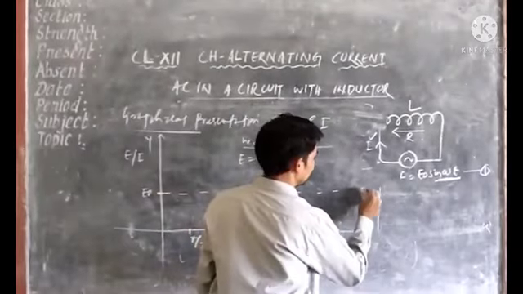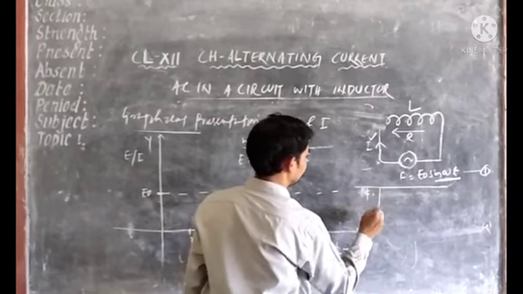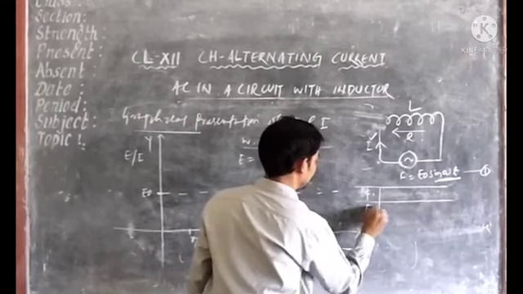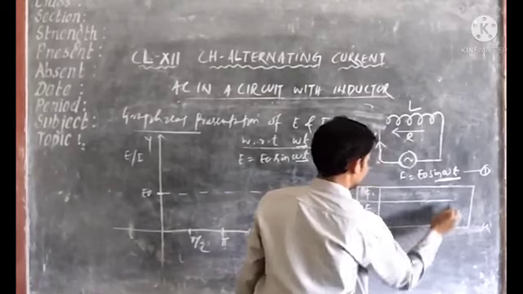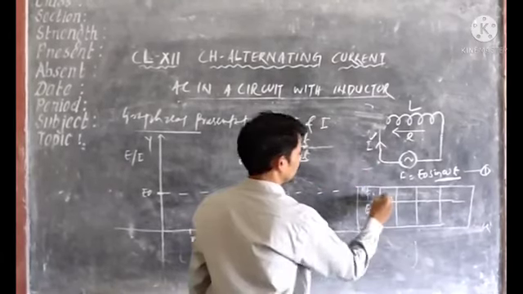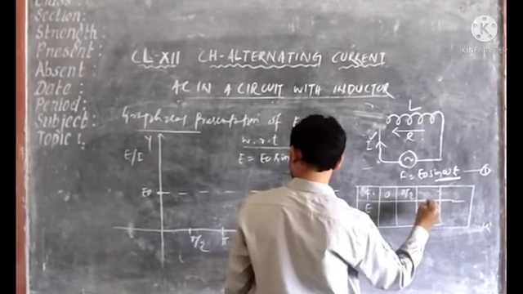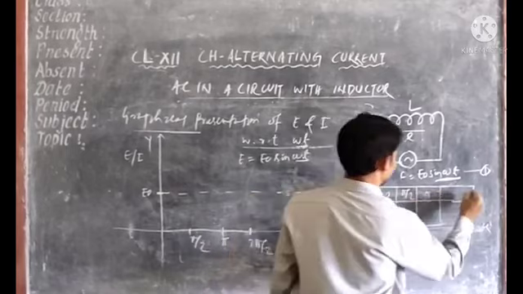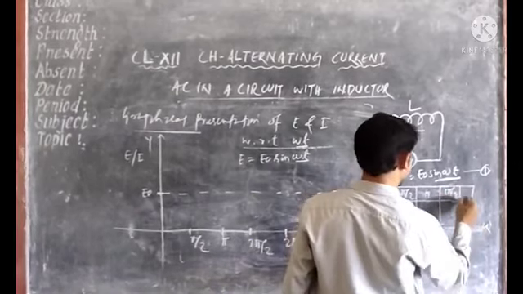So let's take the phase phi, and the values of E and I. First phi is equal to 0, then pi by 2, then pi, then 3 pi by 2, and at last it is 2 pi.